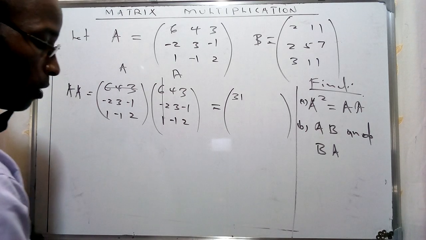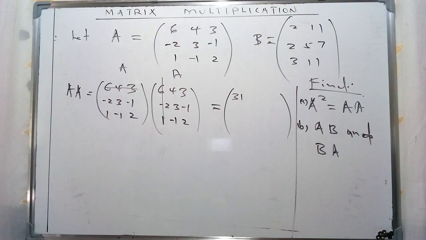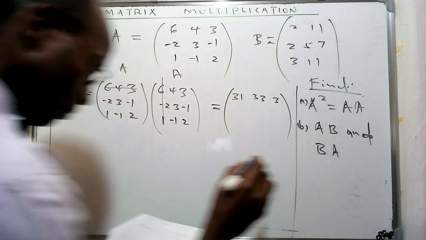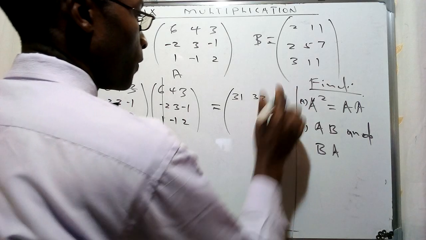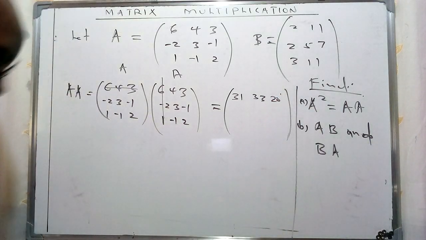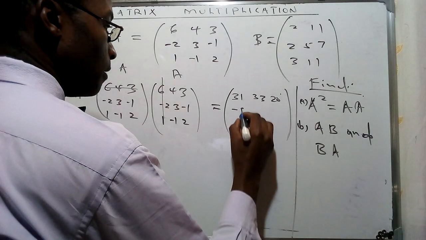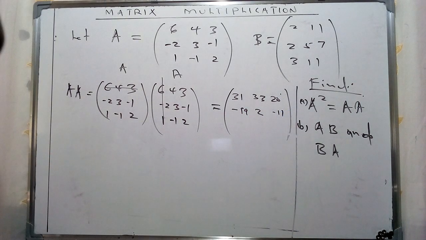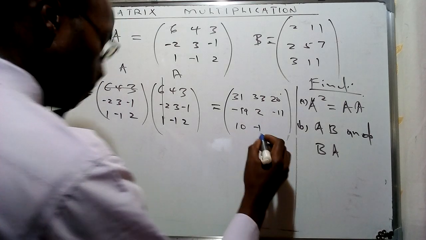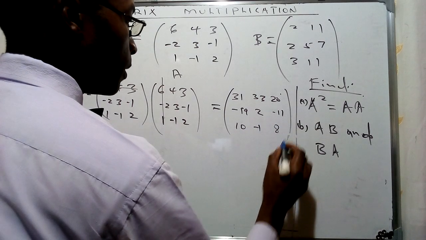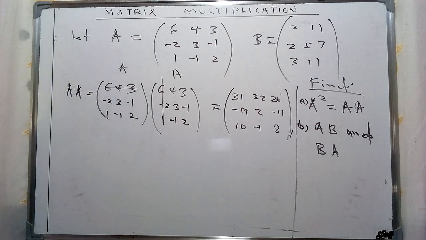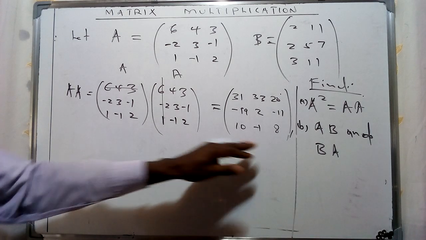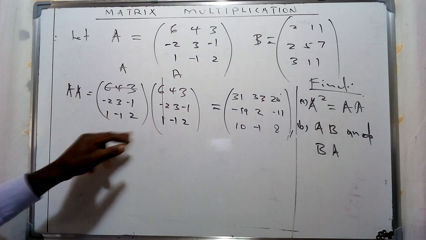The product of the square of A is going to give me these specific values: 31, 33, and 20 for the first row, then negative 19, 2, and negative 11, and then 10, negative 1, and 8. Kindly confirm from your end whether you find this specific product for the square of A.